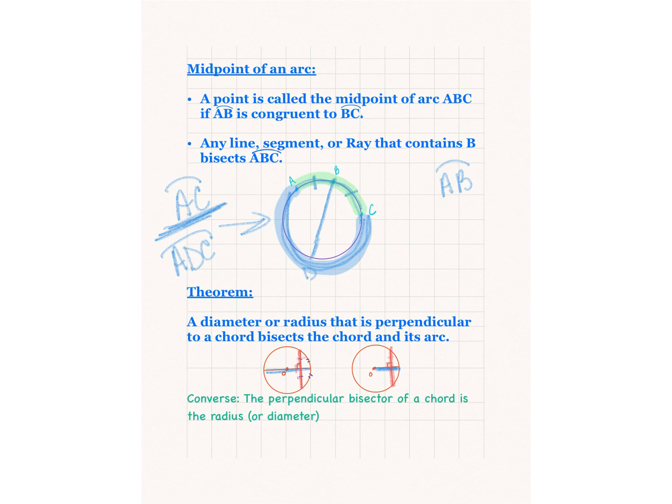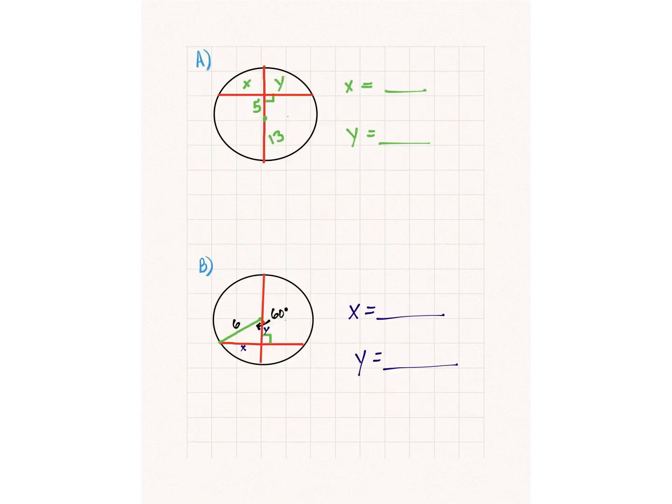So if a diameter or radius is perpendicular, then it bisects the chord and it bisects the arc. Conversely, if you know that it is the perpendicular bisector of a chord, then you also know that it's a radius or a diameter. So that's what those say.